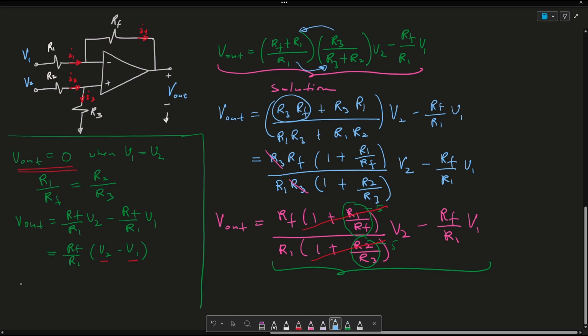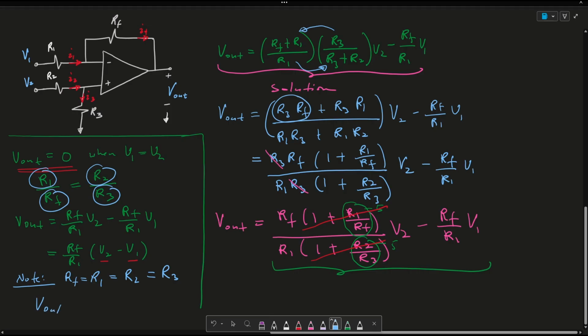Now, the last thing I want to note is that if all my resistors are the same, so in this situation, RF is equated to R1, and since R1 was equated to R2, this is equated to R2, and RF was equated to R3, so this is also equated to R3, we get what is called the subtractor.